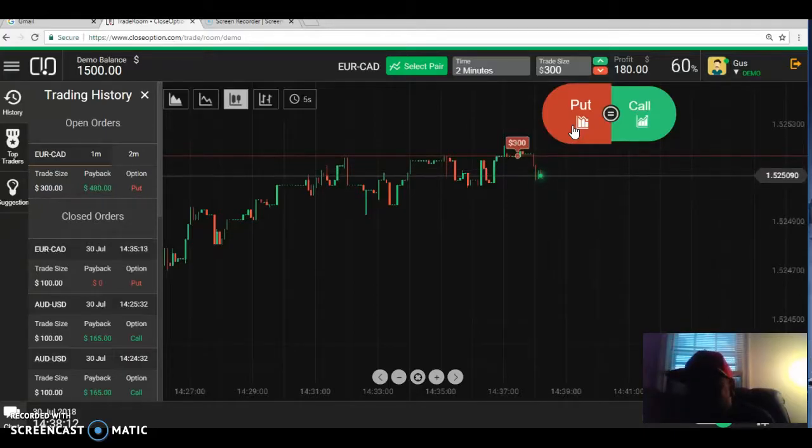I also use another strategy called Martingale. You're not going to win every trade, but if I do lose a trade, I double up or even triple up on the previous trade to recover the loss.